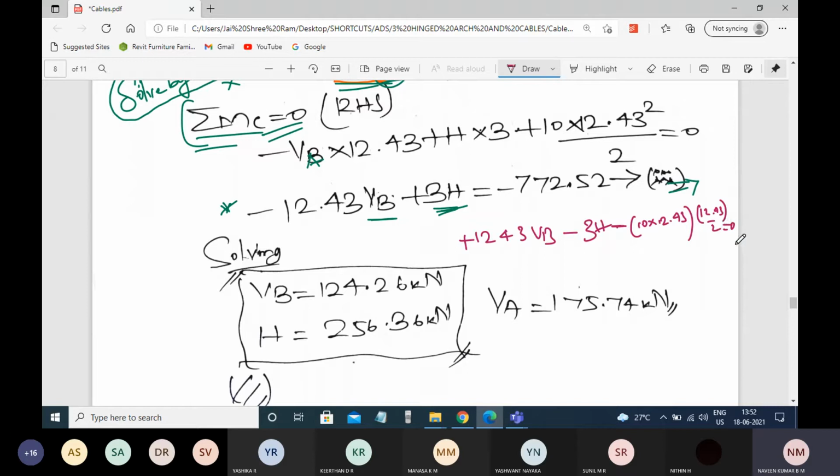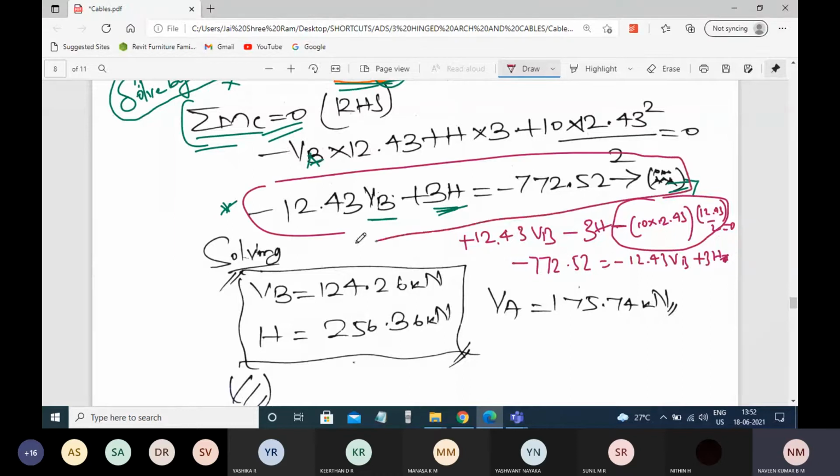Understood? If I consider in the other side, so what will happen? So again it will be the same. So this will be equals to minus 772.52, and this becomes what? If I consider in the RHS, it is minus 12.43 times of VB plus 3 times of H. The same equation that you are going to get, right?